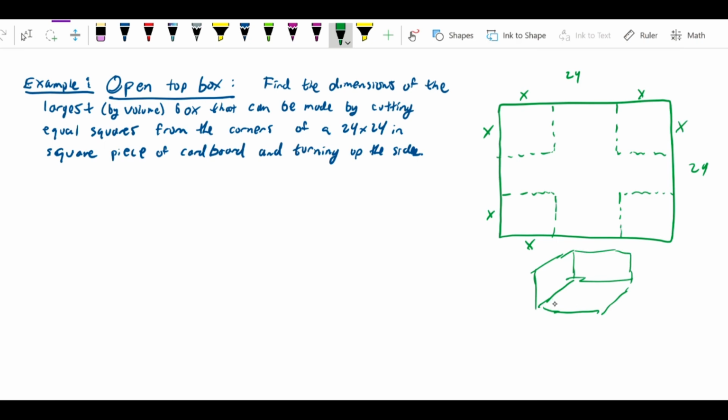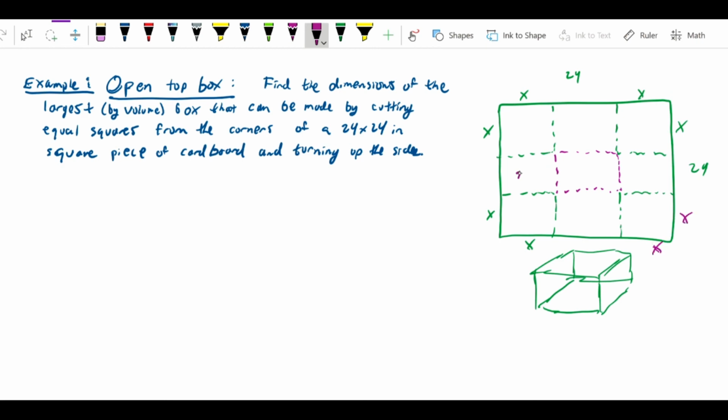We're going to form a box like this, which has no top. It only has a bottom and sides. The thing to recognize here is that this is going to form the bottom of the box, what's left in there. The bottom of the box: we have a 24-inch side, and we're taking two cuts of size x out of each side.